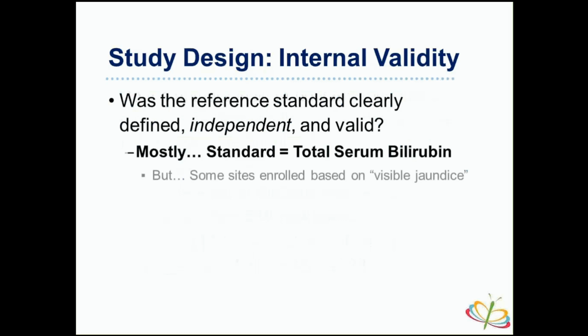Was the reference standard clearly defined, independent, and valid? It was clearly defined as the total serum bilirubin. It was independent: the total serum bilirubin was done independent of the results of the BiliCam bilirubin. But at some sites, patients got total serum bilirubin and BiliCam bilirubin based on visible jaundice.